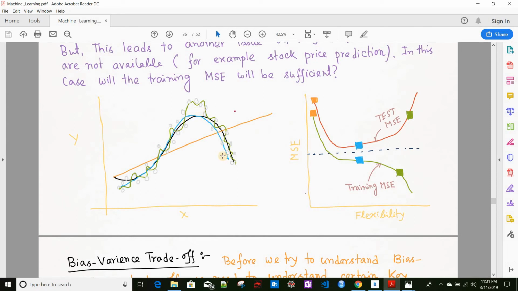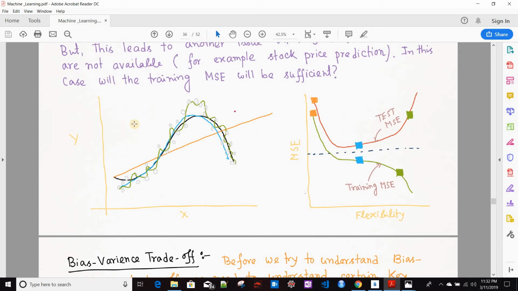The blue colored line has less bias because it is almost fitting the actual function itself, and it also has less variance. That's why till the blue point the test MSE was decreasing, meaning the test MSE is lowest at the blue point. When I increase the flexibility, my test MSE goes very high, but my training MSE still goes down. Anyhow, training MSE is not a good measurement of our model accuracy.